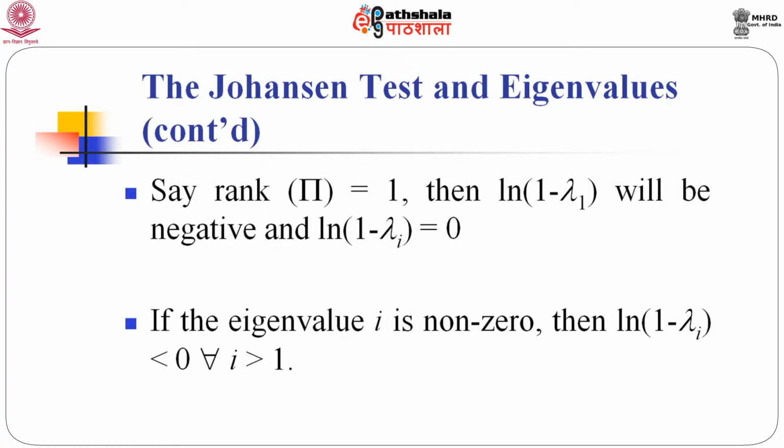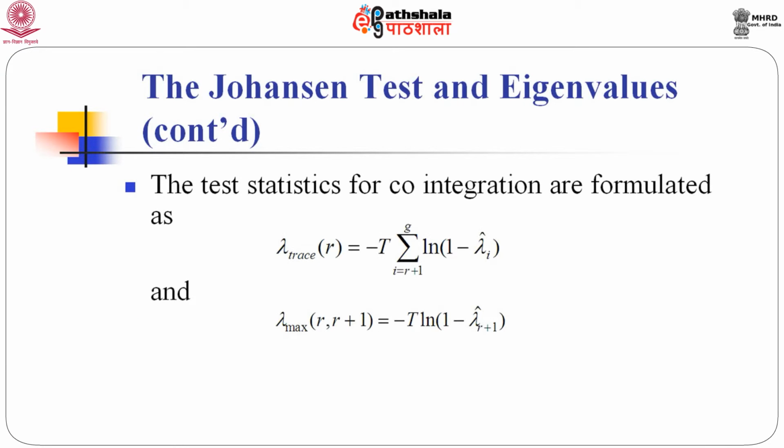Using this property, the test statistics for the Johansen test are as follows. You have to calculate lambda trace and lambda max. Lambda trace and lambda max are the two critical statistics used to find the rank of the matrix in the Johansen test.